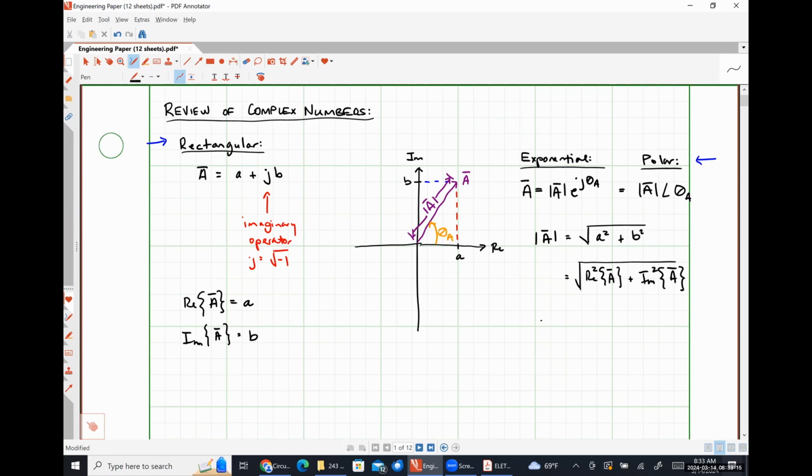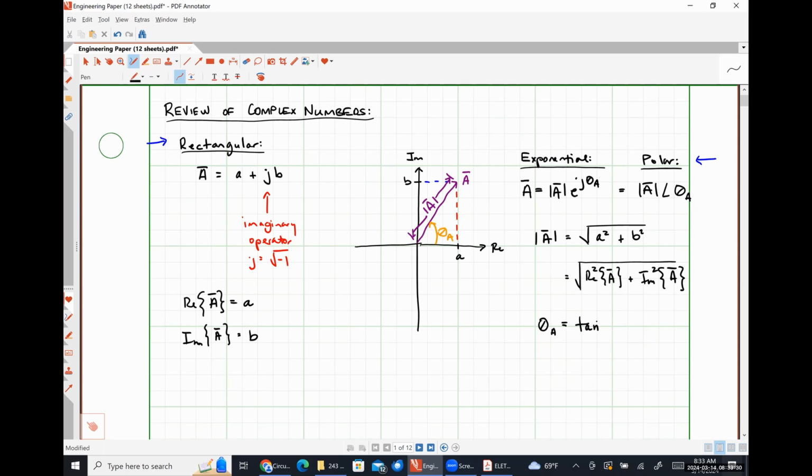Our phase angle, theta A, can be expressed in multiple different ways. I'm going to choose to express it in terms of an arctangent or inverse tangent operation. Okay.